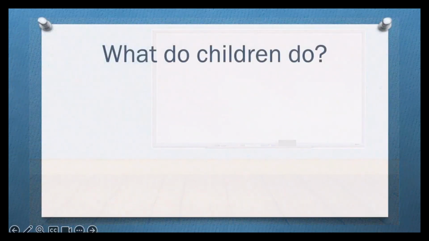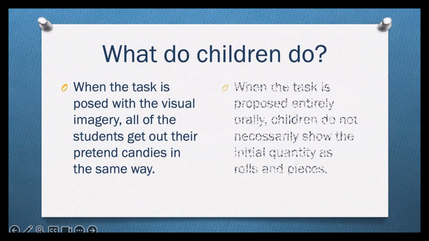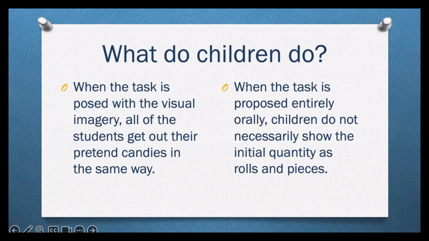When the teacher poses the task using a visual image to show the initial quantity, what we see is that all of the students get out their pretend candies in the same way, using rolls and pieces as shown. However, when the teacher poses the task entirely orally, children do not necessarily show the initial quantity as rolls and pieces.